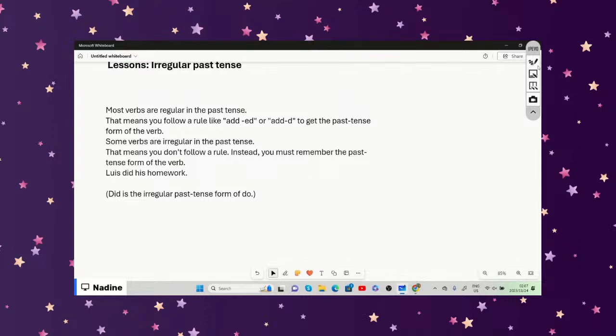It's the same as I was saying earlier about swear, but in the past tense, it's swore, because it's irregular past tense.